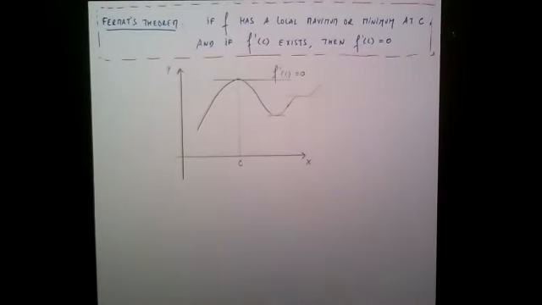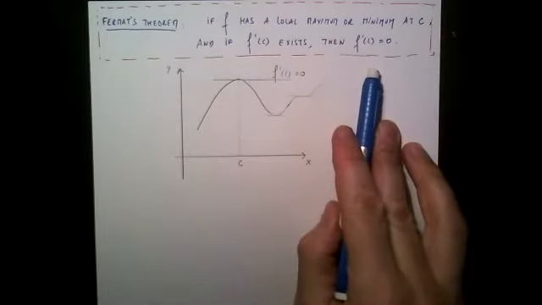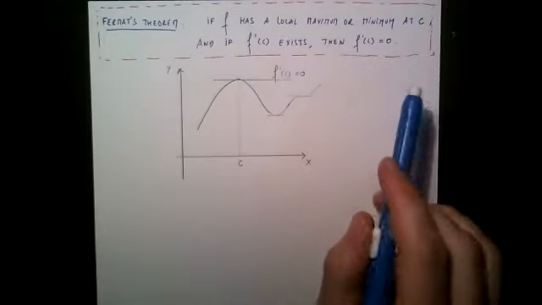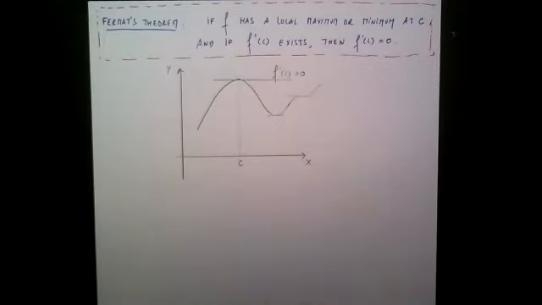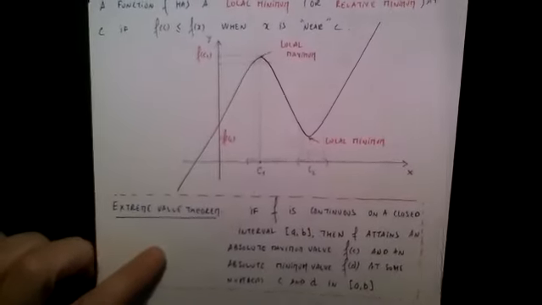So I'm debating whether I prove the theorem or not. Well, we proved everything so far, so might as well. You don't want to prove it? Well, we didn't prove the extreme value theorem. That one we didn't prove, because it requires some more advanced stuff.